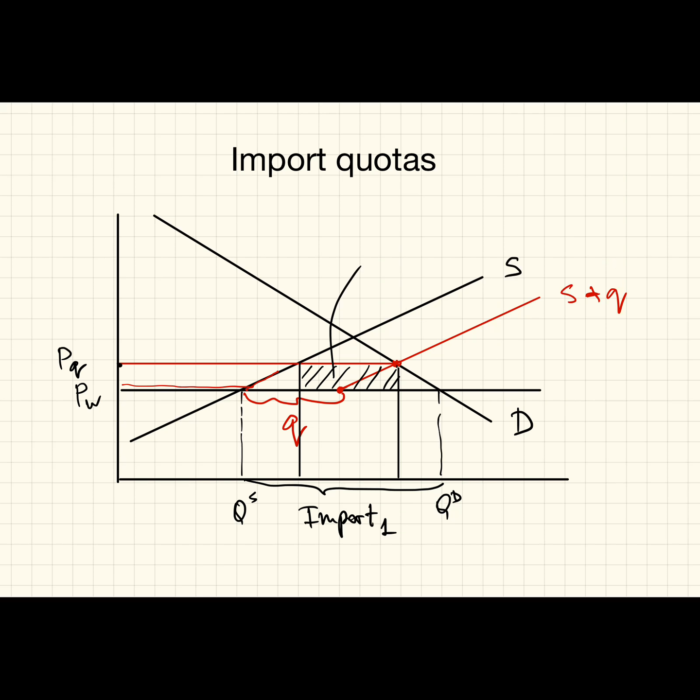And it's all thanks to this restriction. So this is revenue received by importers.